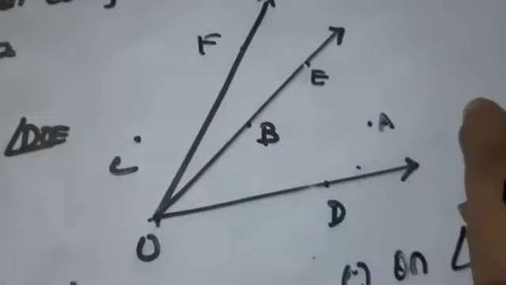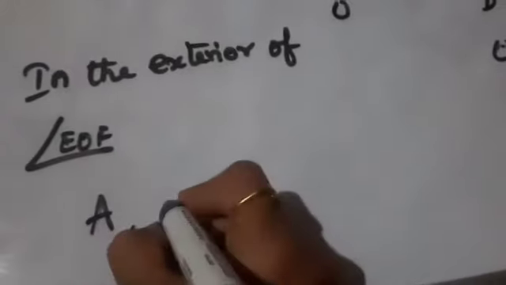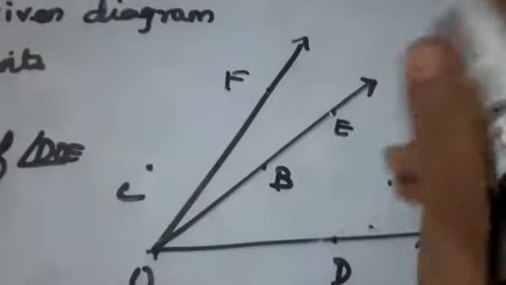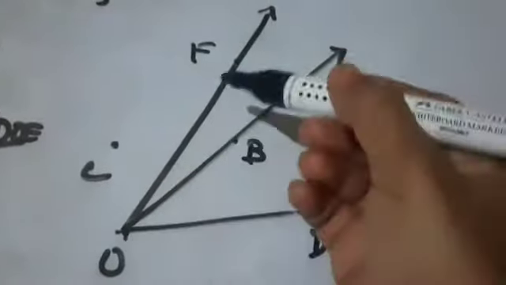A and C are exterior and one more point here, it is exterior, which is D. So in the given angle EOF, C, D, A are the points which are exterior to the angle. Third question, on EOF. On EOF means what are the points which are on the angle EOF? On means which is along with that. So E, B, O, F are the points which are on the angle EOF.